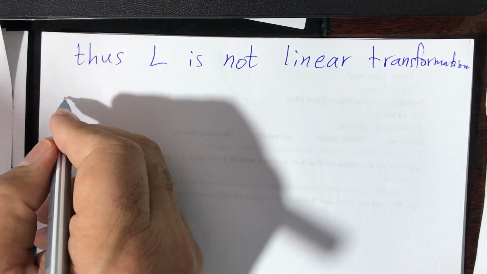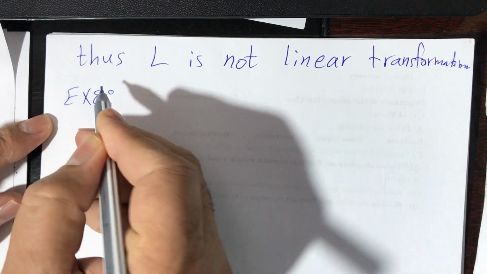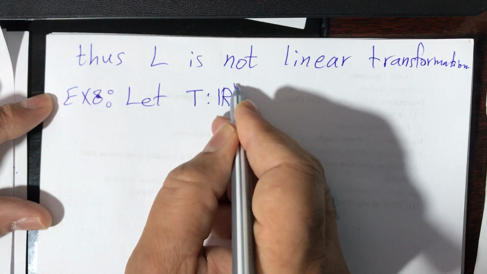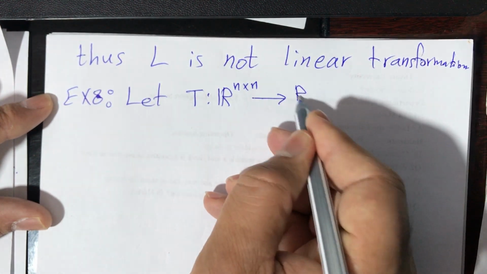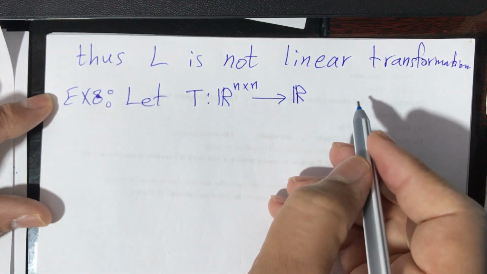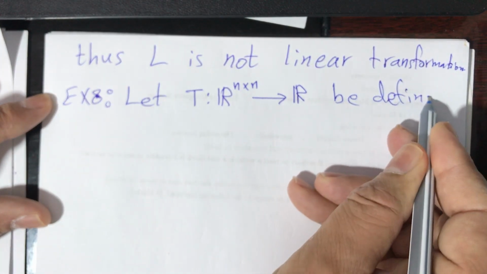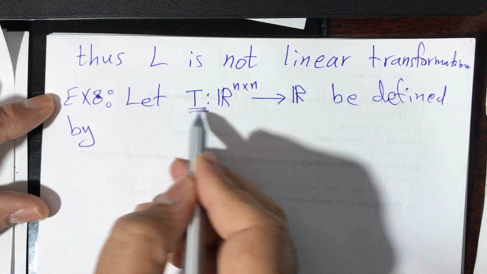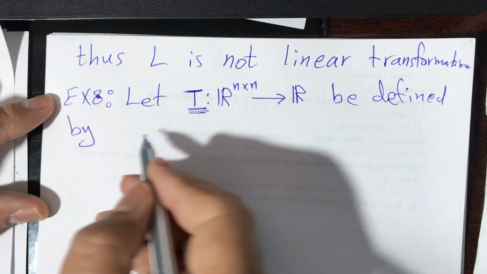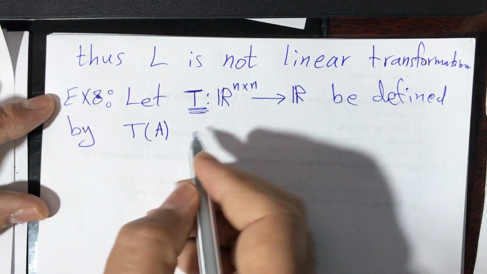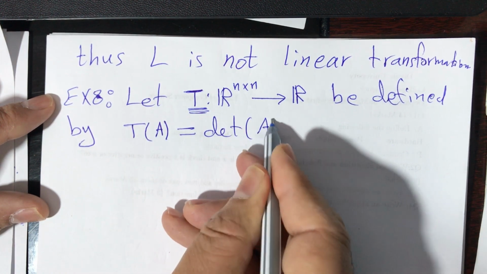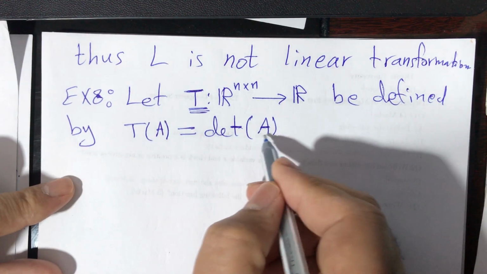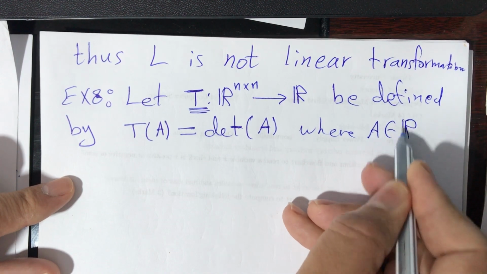And also example 8. Example 8. Let T from R n times n, the space of matrices, into R be defined by T of A equal to the determinant of A, where A belongs to R n times n.